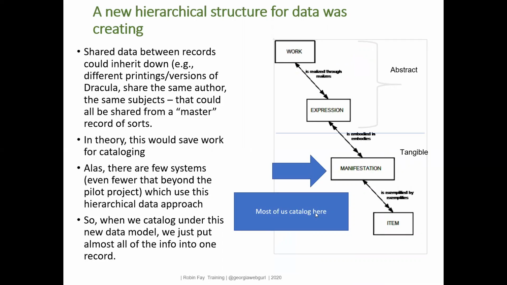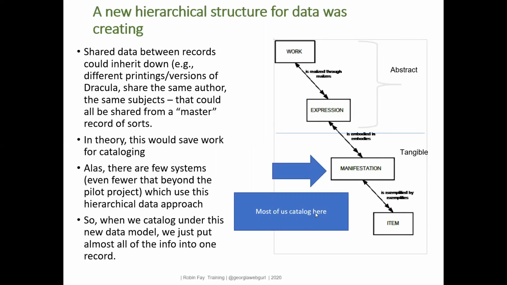Now, in your catalog, you may have a barcode record, you may have a holding record that has a call number in it, you may have an order record, you may have a lot of records associated with your resource. But just looking at the resource description, what we call the bibliographic record, or you might call it the MARC record, it's just one record in our systems.